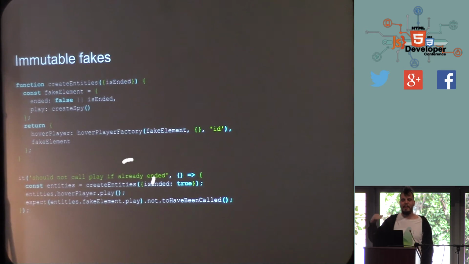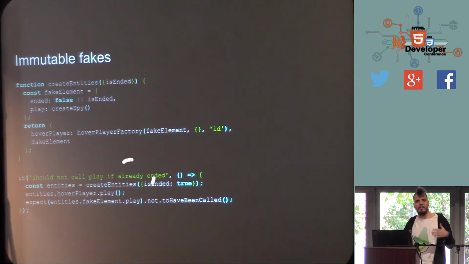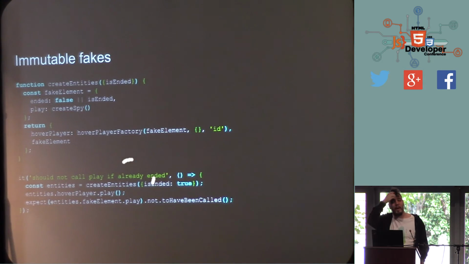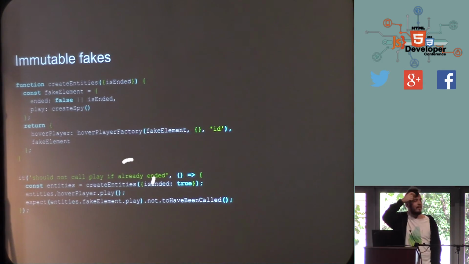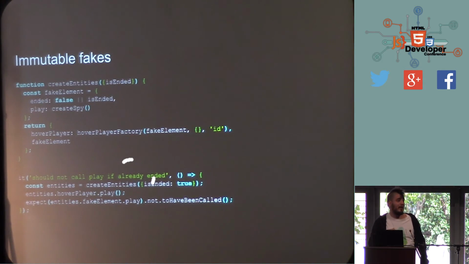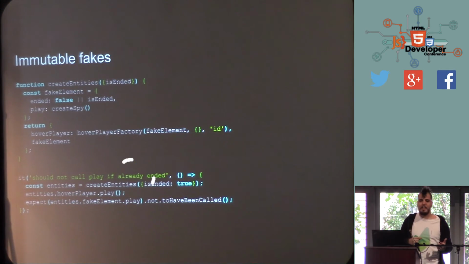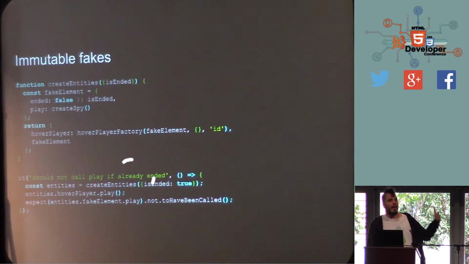So the first line, you can see, okay, is ended true. The second line, you just do the action, and the third line, you just assert it. It's way more clean, way more easy to read, and you cannot really interact with other tests because you're already creating different objects for different tests.